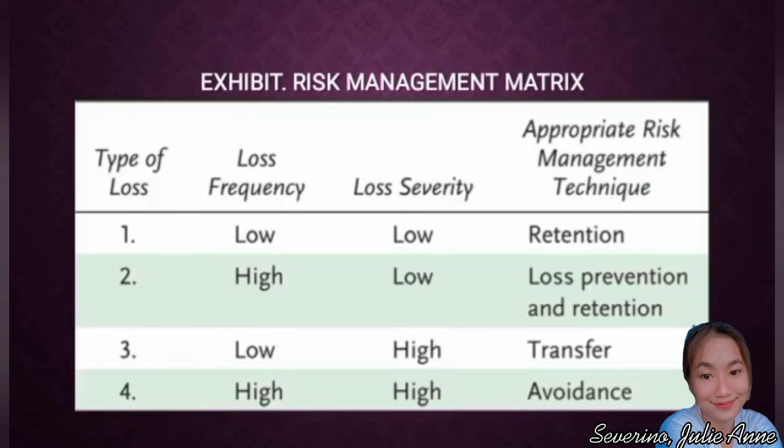Approximate risk management technique, loss prevention and retention. Number 3, loss frequency is low, loss severity is high. Approximate risk management technique, transfer. Number 4, loss frequency is high, loss severity is high, and the approximate risk management technique is avoidance.